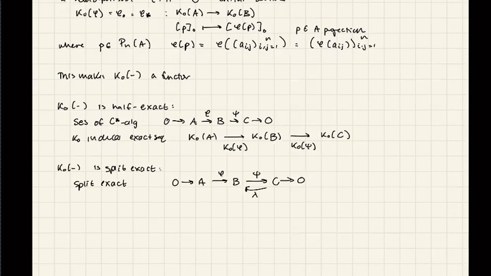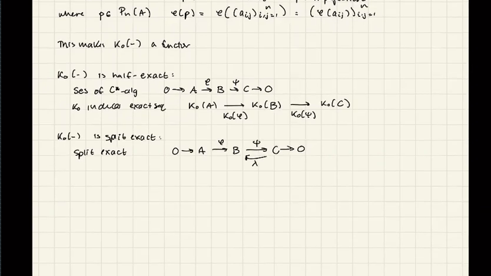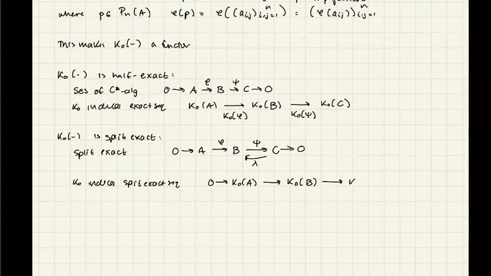So if we have this, then K0 induces a split exact sequence on the level of K theory groups. So now we do have an exact sequence of our K theory groups that splits. Now I'm not going to write all of the induced maps out, but you can imagine what that would look like.